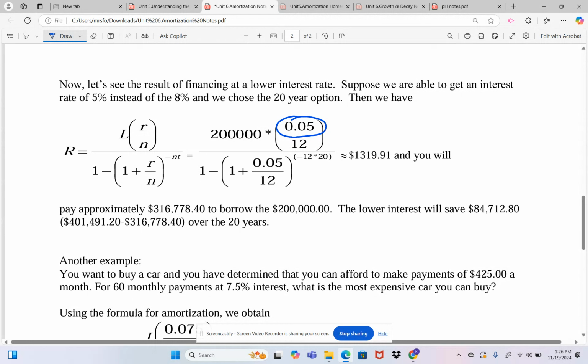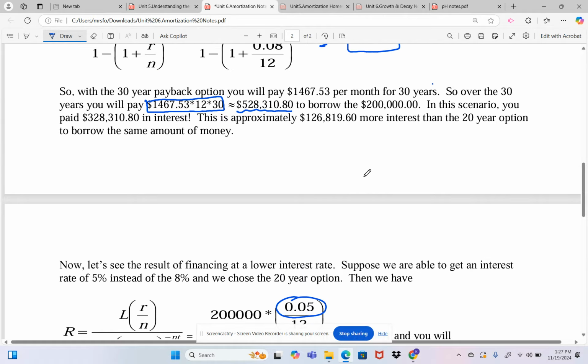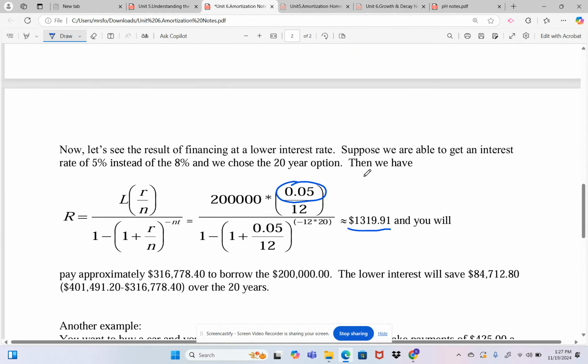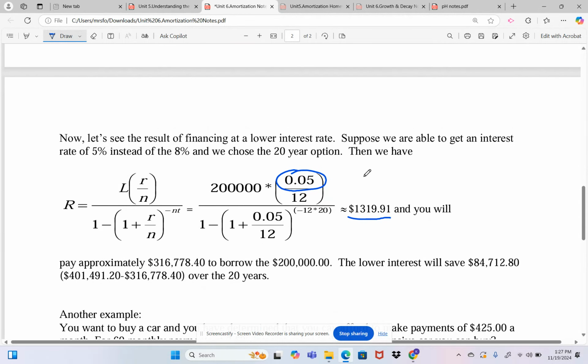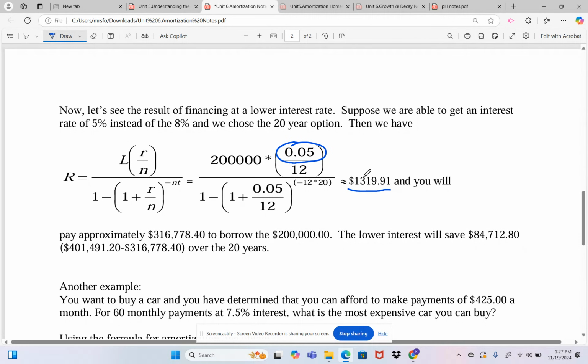They're like, I want the lowest interest rate. Because if you see here, when I have a 5% interest rate, my monthly payment went down over $300. And I didn't change anything about how I'm paying it. I changed how much money I'm giving the bank.